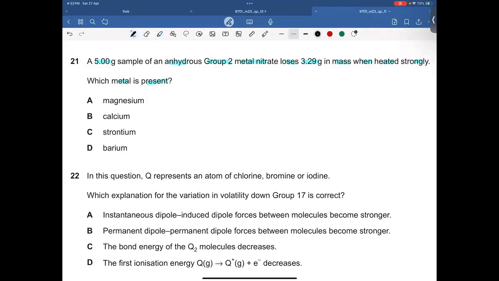So this is basically metal nitrate. It is converting into metal oxide, nitrogen dioxide, and oxygen. Sample has a mass of 5 gram, and the loss in mass is 3.29 gram.